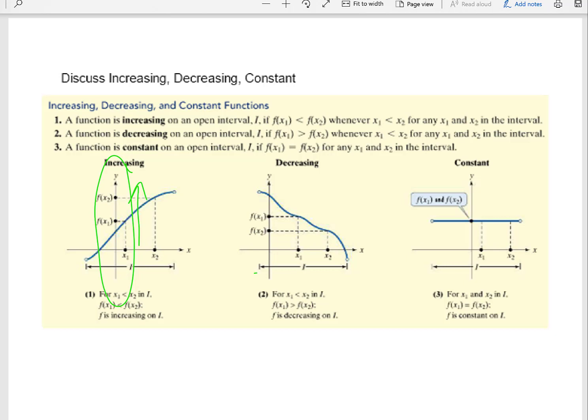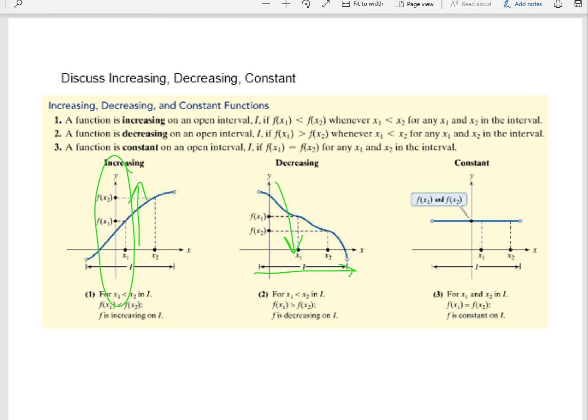As I travel from left to right, my graph is going downward, right? If we were talking about slope, I'd have a negative slope, but that portion of the graph would be considered decreasing.